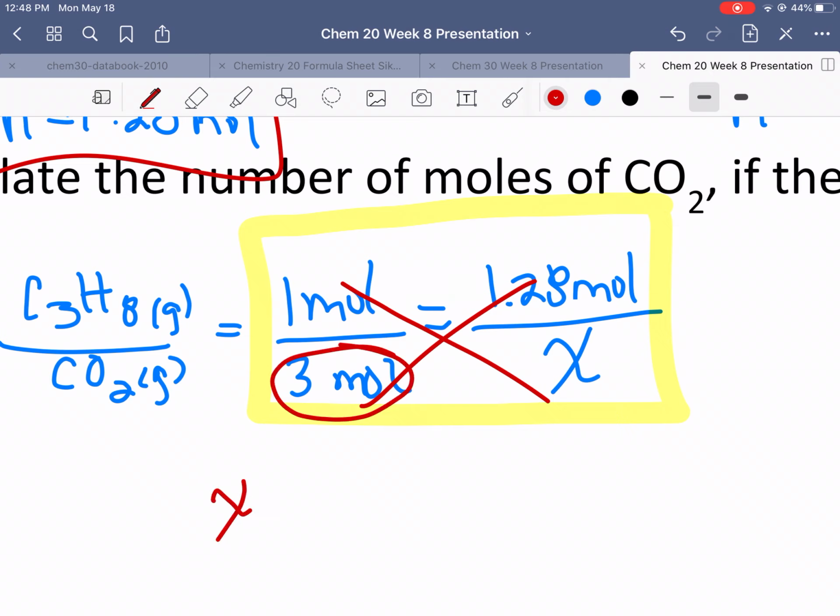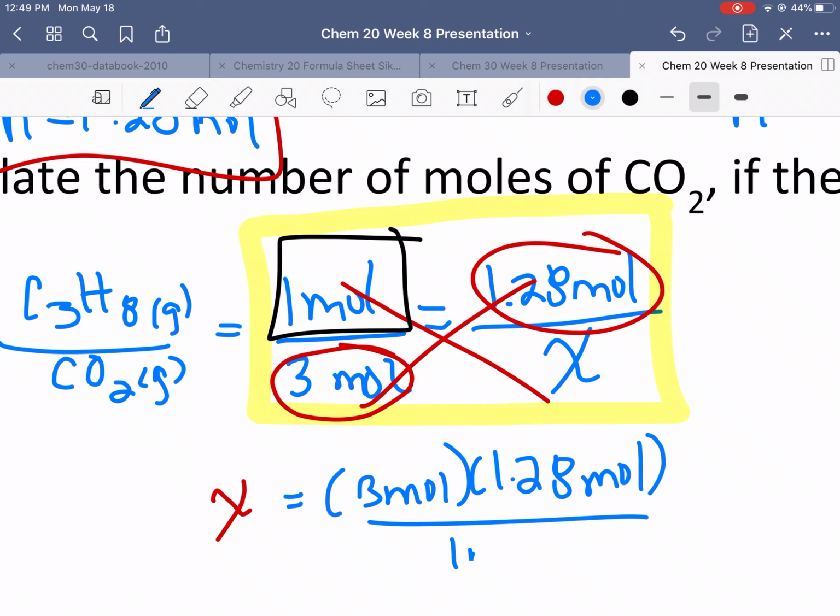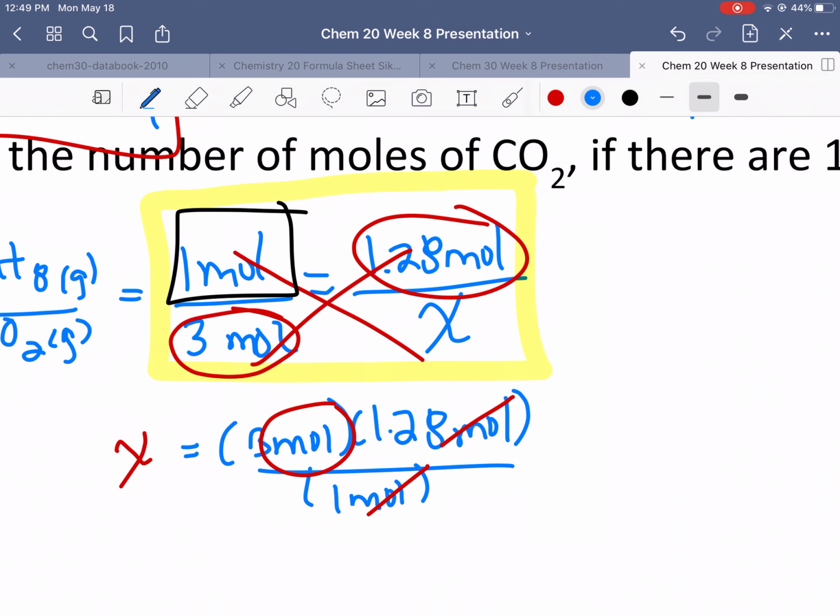We take the 3 times the 1.28, and then in turn we divide by what's over here, which in this case is 1 mole. So equals 3 moles times 1.28 moles divided by the 1 mole. These 2 moles cancel out. We're left with an answer in moles, which is good. That's what we want. We're going to have 3 sig digs.